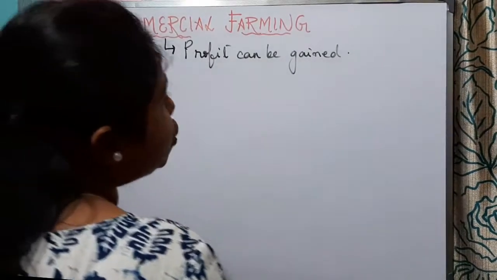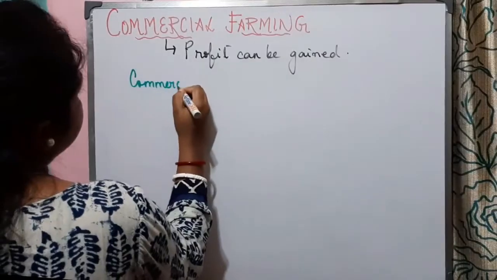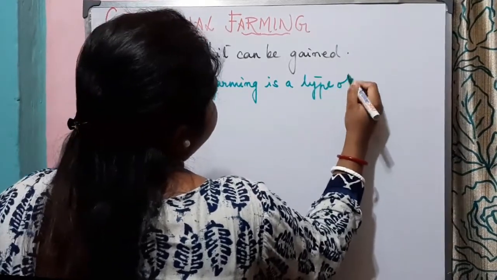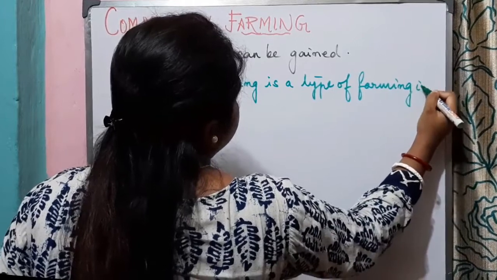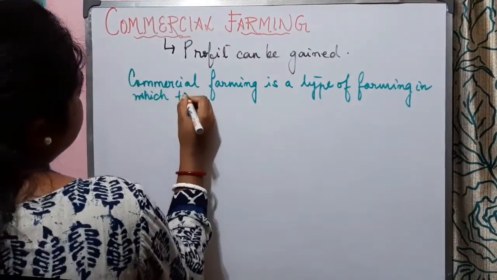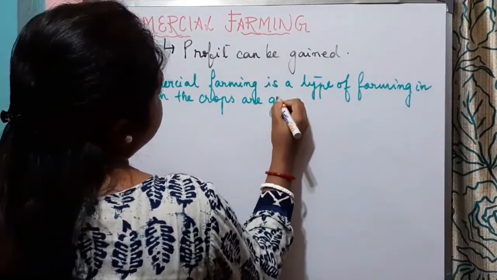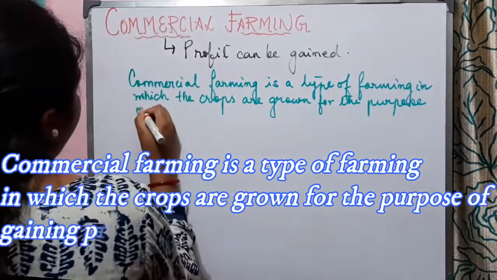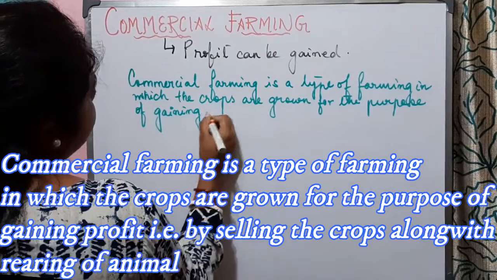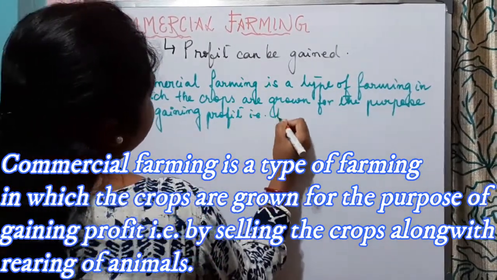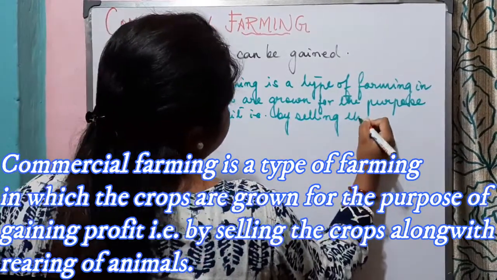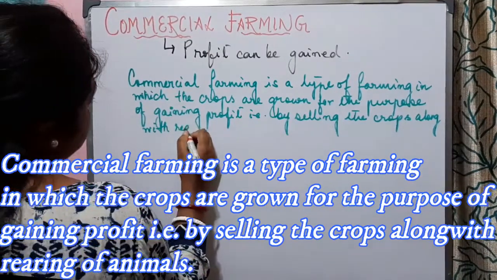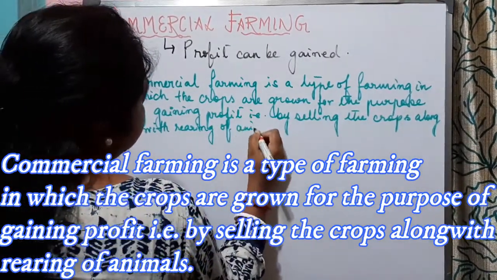So what do you mean by commercial farming? Commercial farming is a type of farming in which the crops are grown for the purpose of gaining profit by selling the crops, along with rearing of animals.